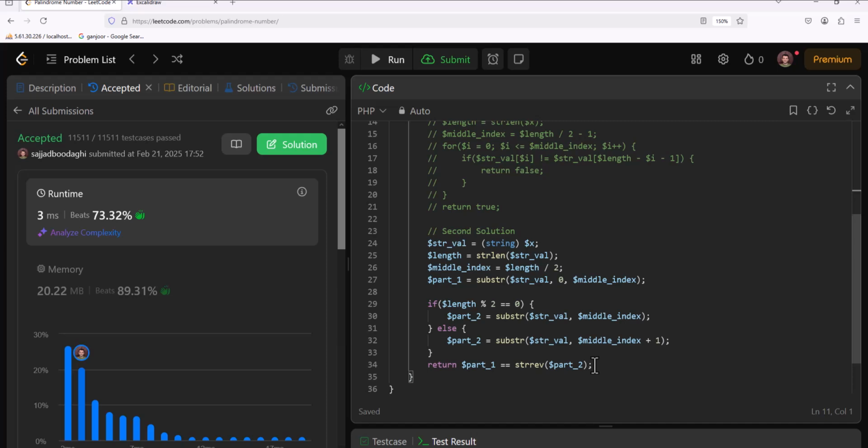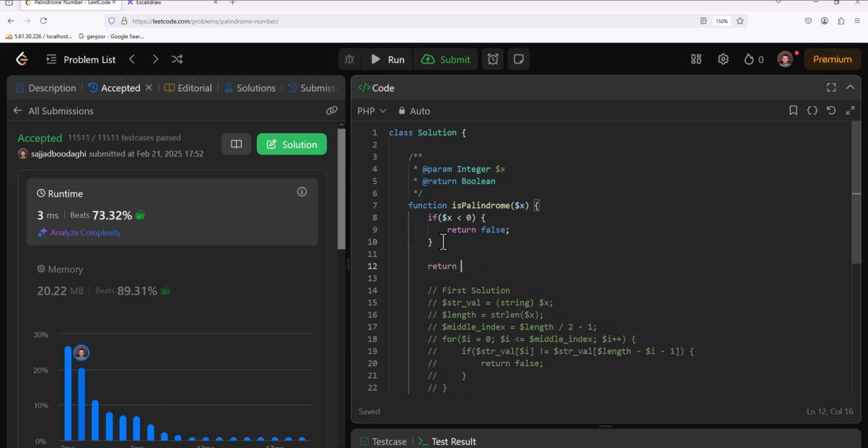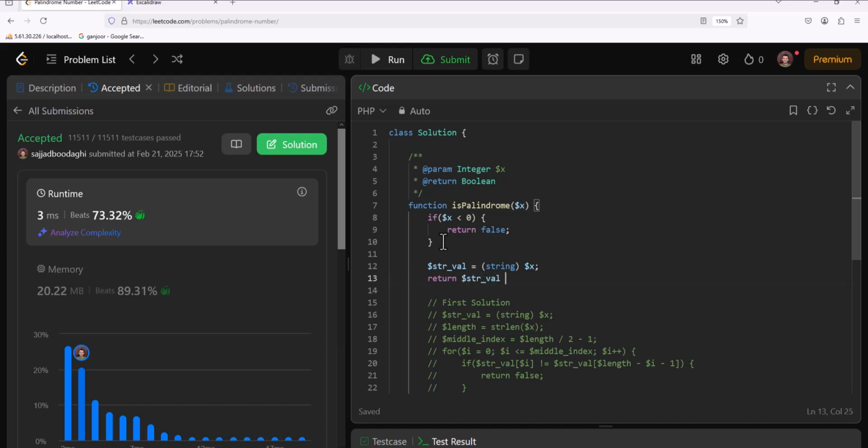Okay, so instead of this, we can just say if x, or if strval is equal with strrev of strval.